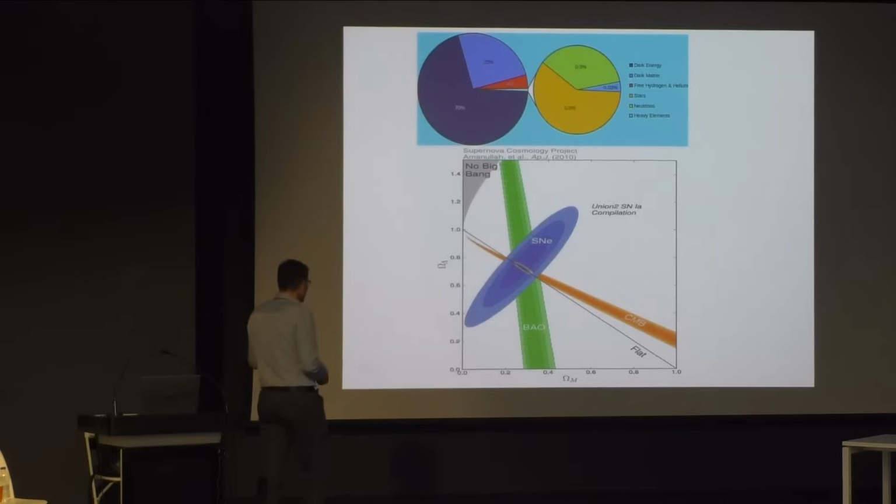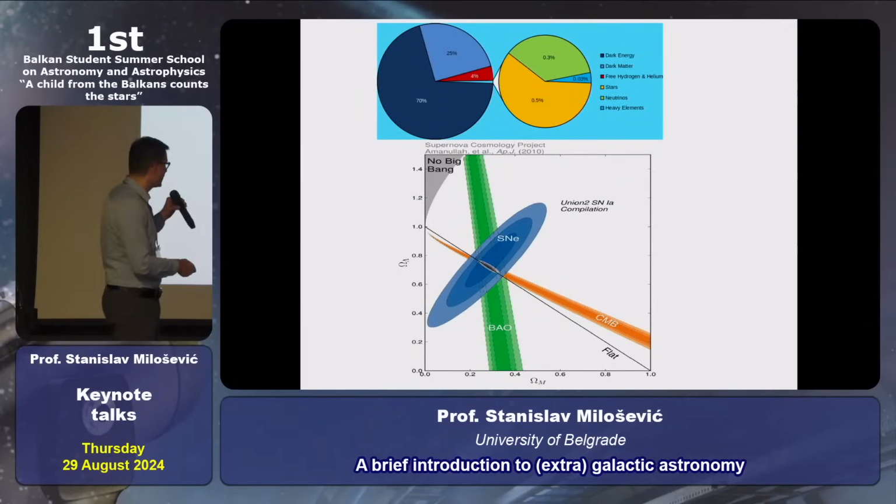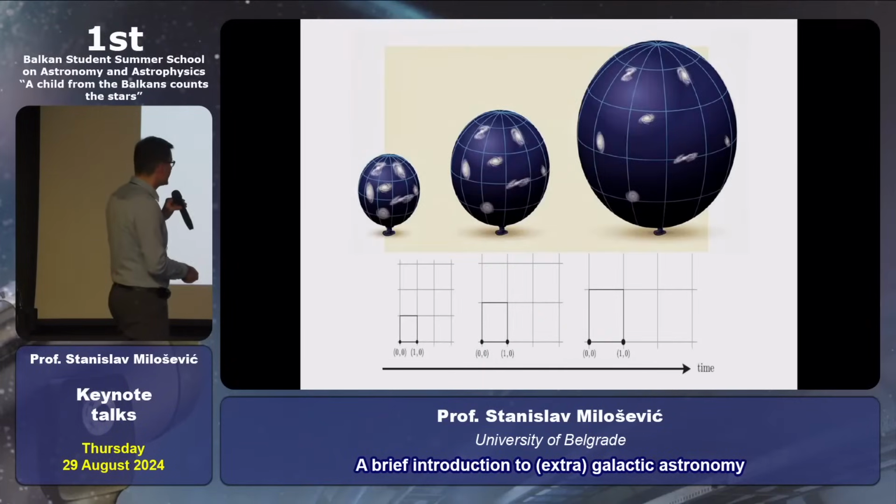This critical density is connected to the Hubble constant, or better to say the Hubble parameter, and the Hubble parameter is connected with the scale factor.